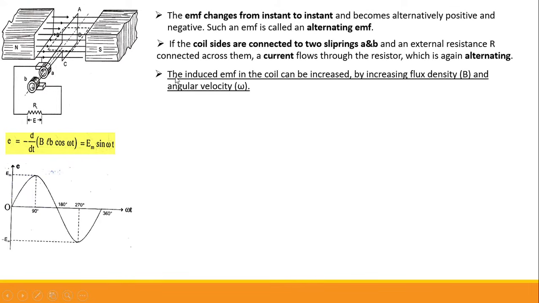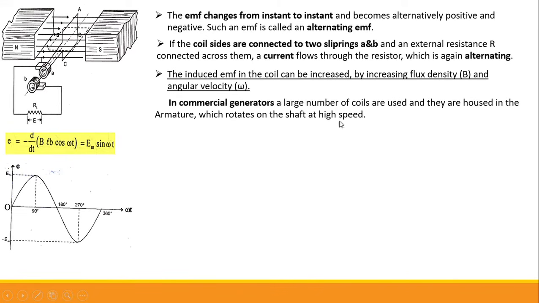So dear students, the induced EMF E in the coil can be increased by increasing the flux density B and angular velocity omega. In commercial generators, a large number of coils are used and they are housed in the armature which rotates on the shaft at high speed.